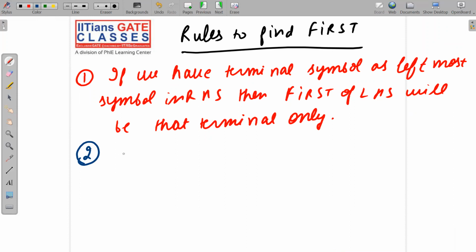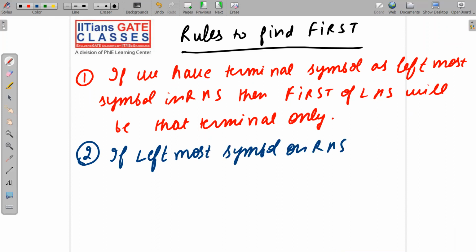Second rule is if the leftmost symbol on RHS is a non-terminal symbol, then first of LHS, please pause the video and try to answer yourself.